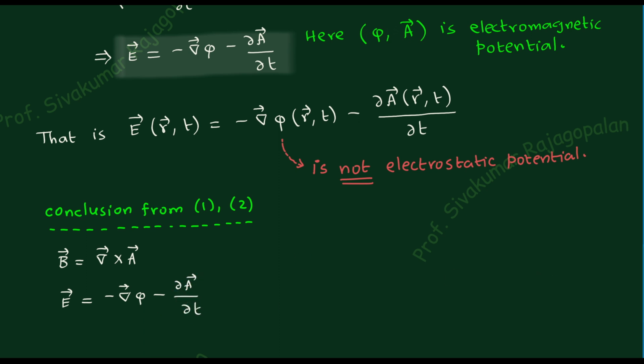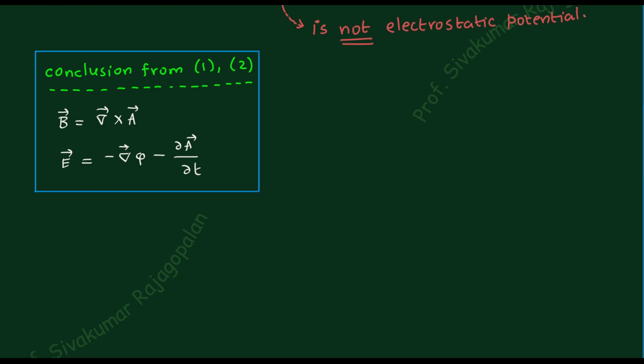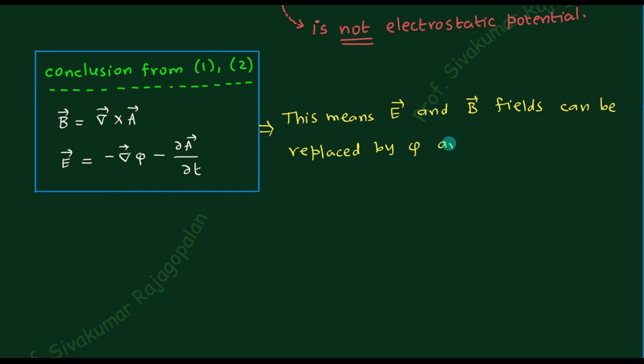And that's it. This is the conclusion from the homogeneous Maxwell's equations. And what is the meaning? The meaning is that we are able to remove the fields. The meaning is that electric field and magnetic fields can be replaced by the corresponding potentials phi and A.